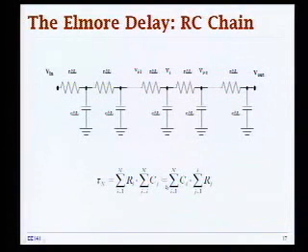So you can either go backwards and look at each node, see what's the equivalent capacitance, and then you sum up all the resistances that you see between the source and the node that you are observing, or you can go forward and see what are all the capacitances starting from a certain node K in the network going all the way through the output that a resistance can see.